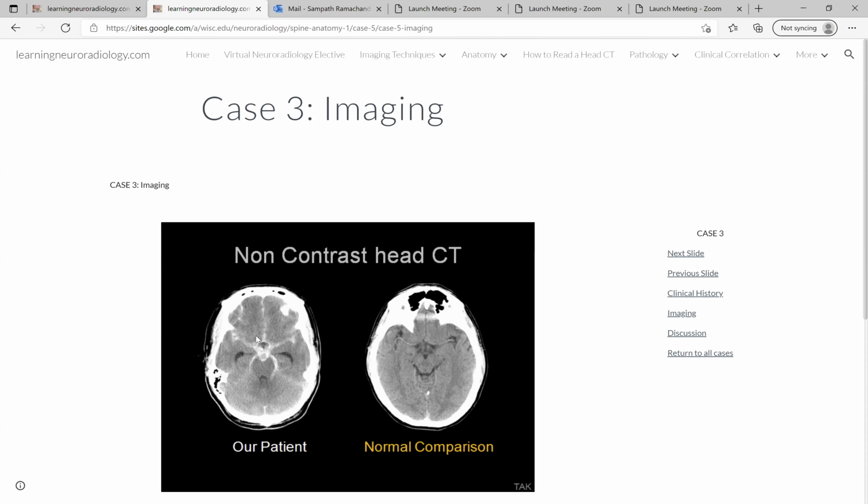The biggest danger of a subarachnoid bleed is that of a stroke. When you have blood pooling around here, as you can see, this is the middle cerebral artery going through the same area where the bleed is. And so when you have a bleed, the bleed irritates the vessel wall, and that can cause spasming of the vessel wall, and that can cause a big stroke.